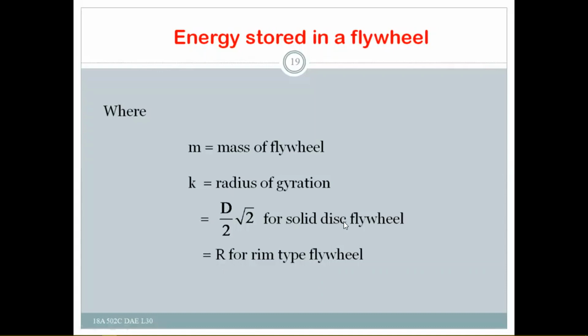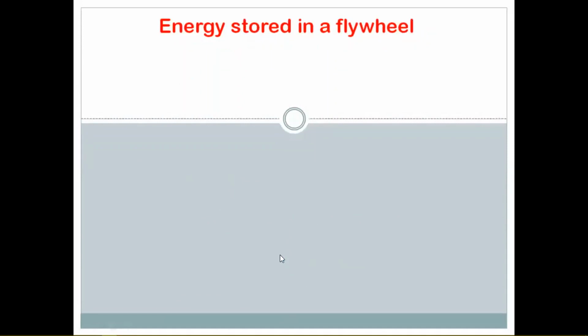It is for the solid disk flywheel. I think what was written earlier is wrong; it is d by 2 root 2 as per my knowledge. And omega is equal to angular velocity in radians per second.